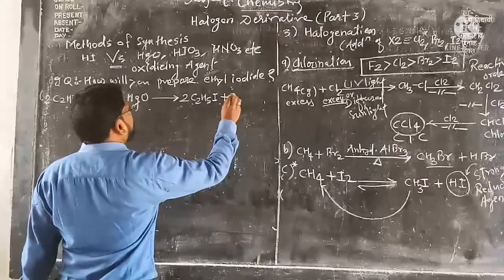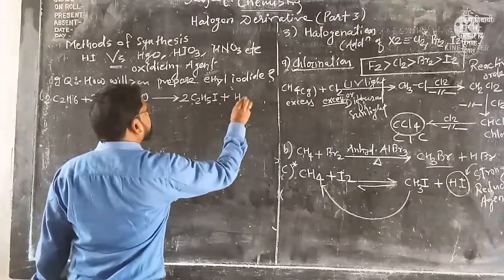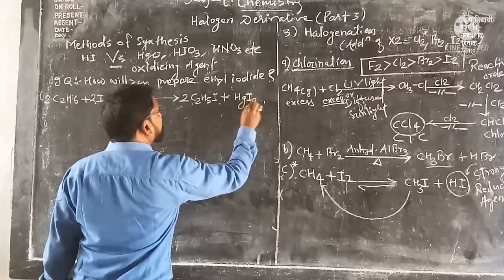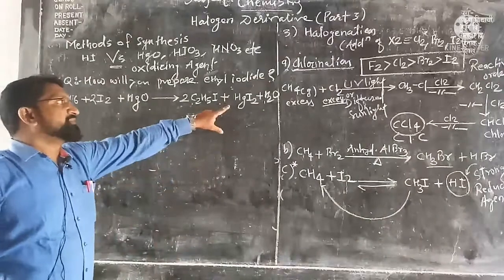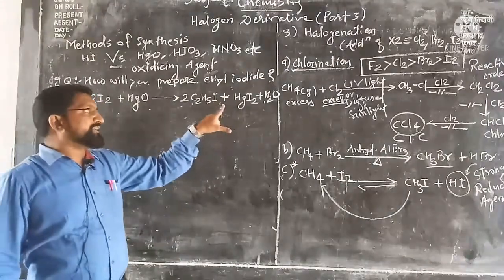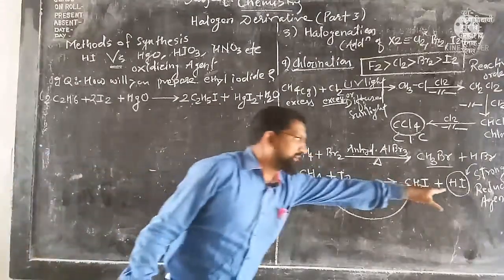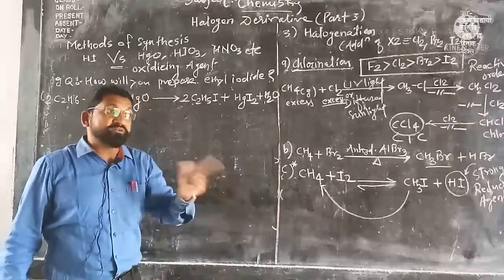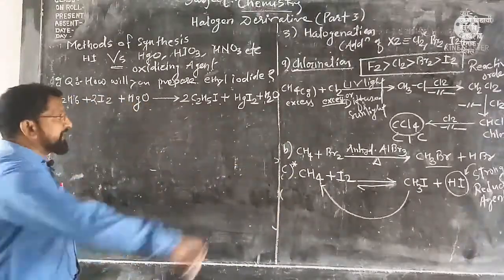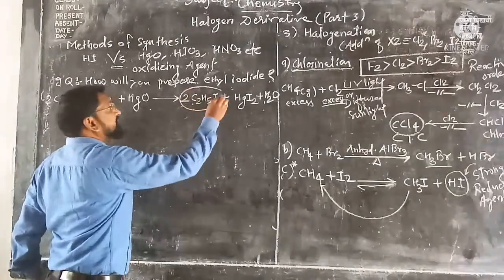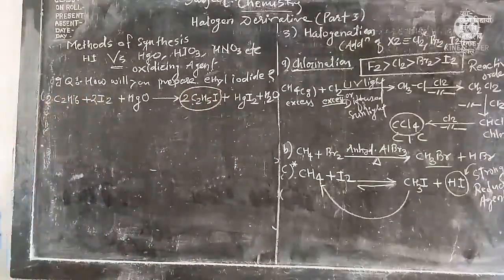HgI2 plus H2O. Now see here, there is prevention. We have prevented the formation of HI, which was responsible for the reversibility of the reaction. Now the reaction cannot be reversed and we got our desired product, ethyl iodide.